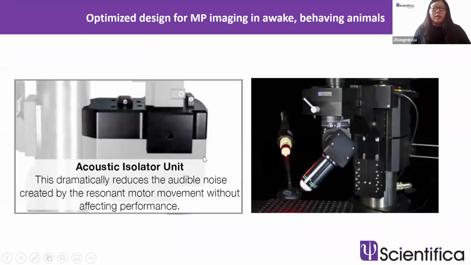Okay, so the previous examples focused more on structural imaging applications in small animals like Drosophila and zebrafish. Our system actually can have a really large space beneath the scope, while still maintaining the reliability and stability of the scope.